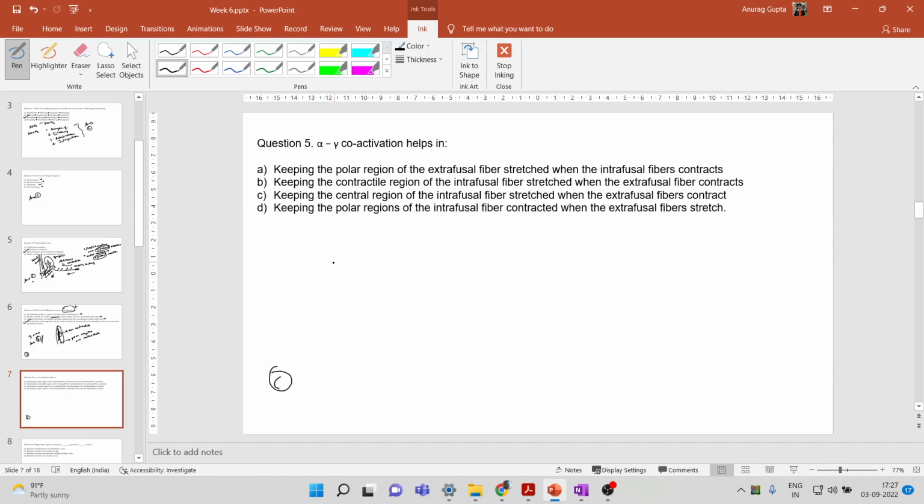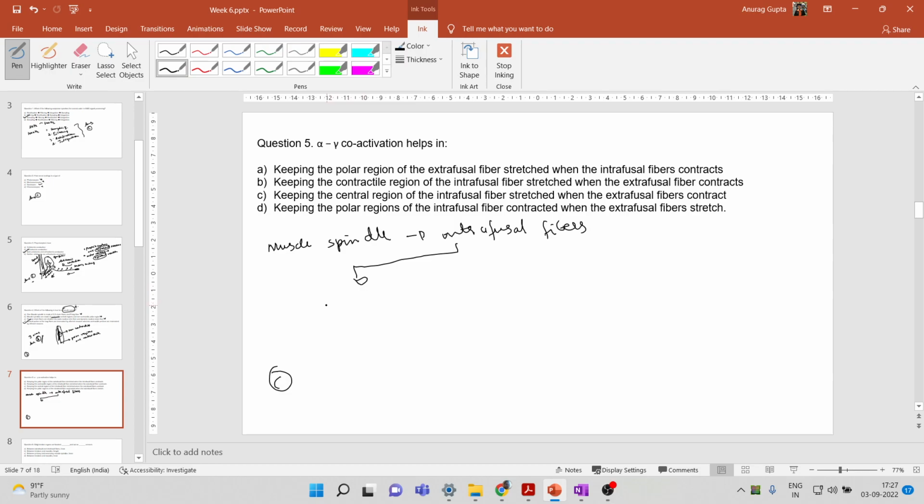We know the intrafusal fibers. Let us just go through that hierarchy. The muscle spindle has intrafusal fibers, and there are three types of intrafusal fibers actually.